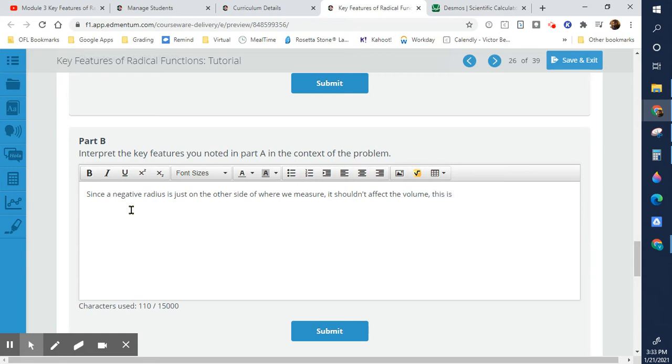This is why if we take the absolute value, it is the same.